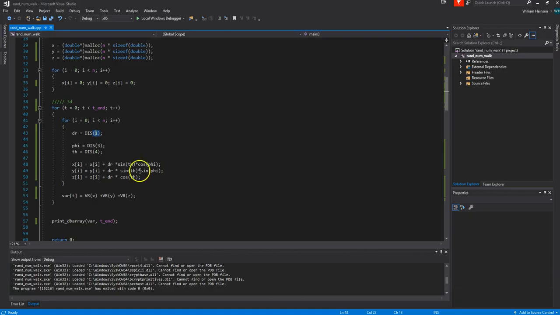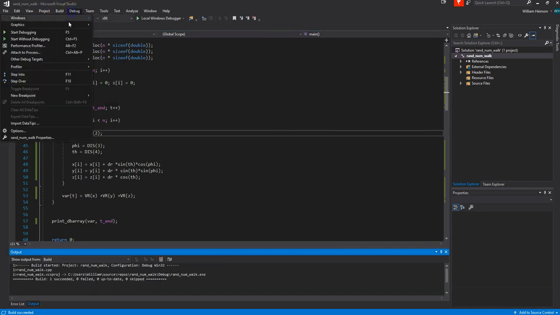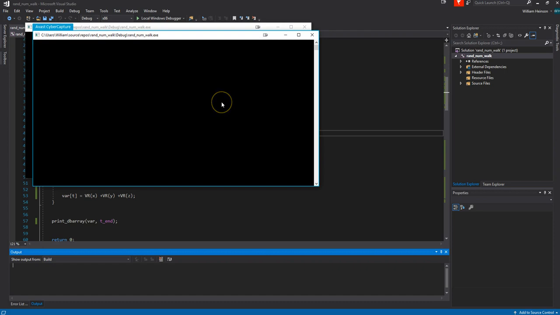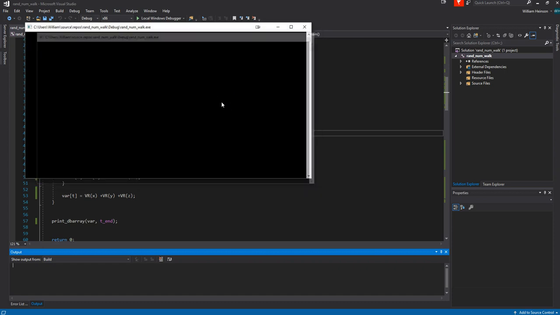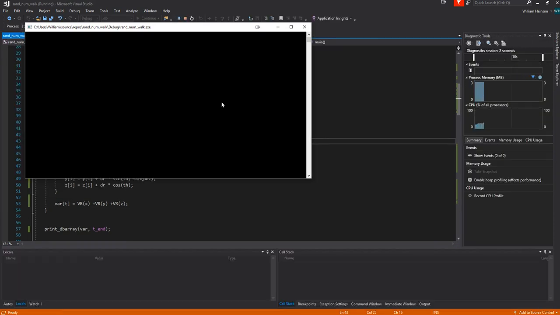So let's do the other case. It's 2. Build, run. It takes a little bit because my antivirus is looking at it, but still it should be pretty snappy.